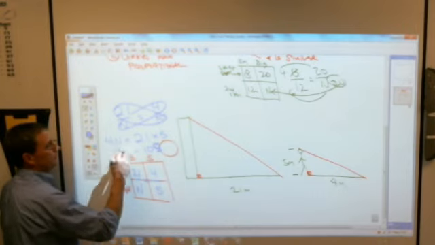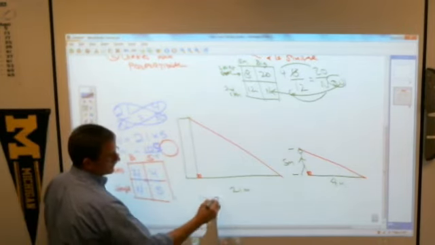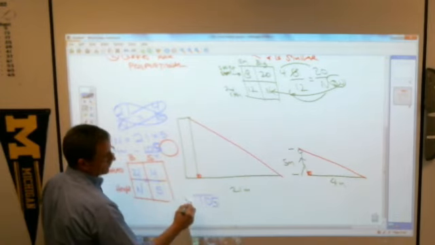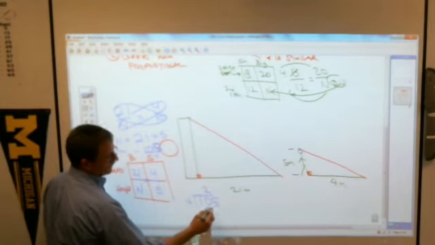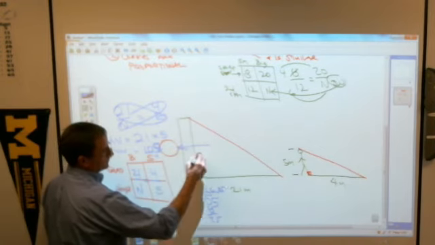And if you divide 4 into 105, you'll get your answer, which is 26 and a fourth, or 26.25. That's what this would be.